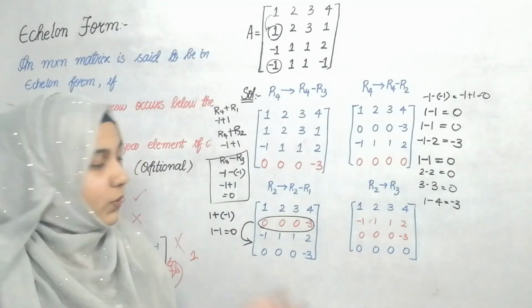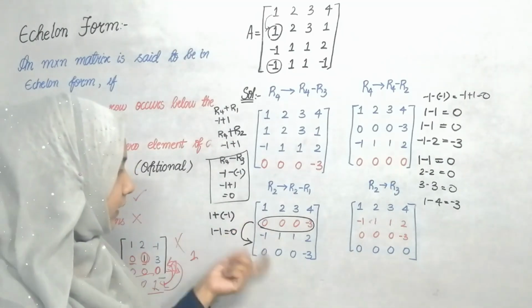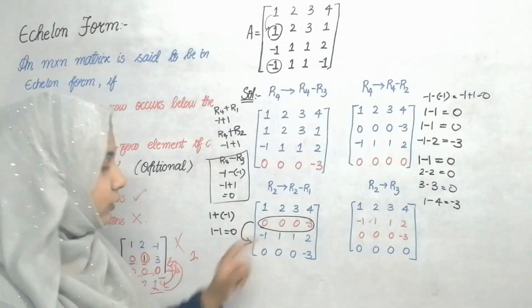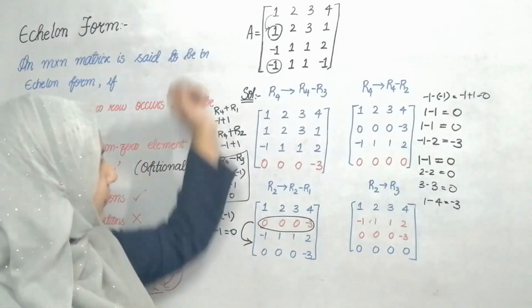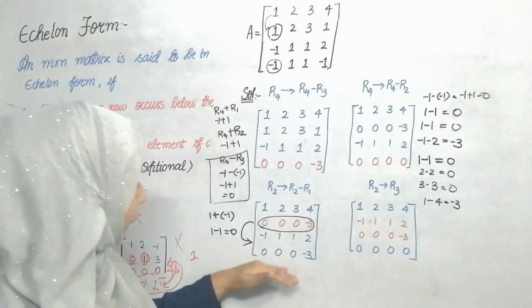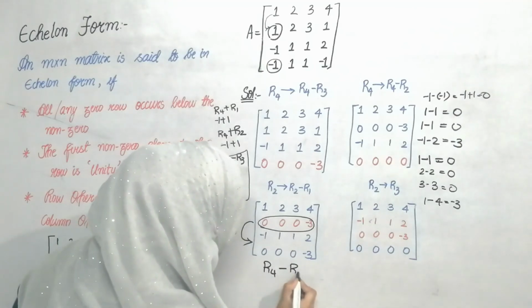If it's your wish, you can make either this row 0 or that row 0, up to you. You can subtract row 2 from row 4, or row 4 from row 2. Any one row you can make 0, obviously. So here I'm going to make row 4 0. For that, what do I have to do? Row 4 should be subtracted with row 3.